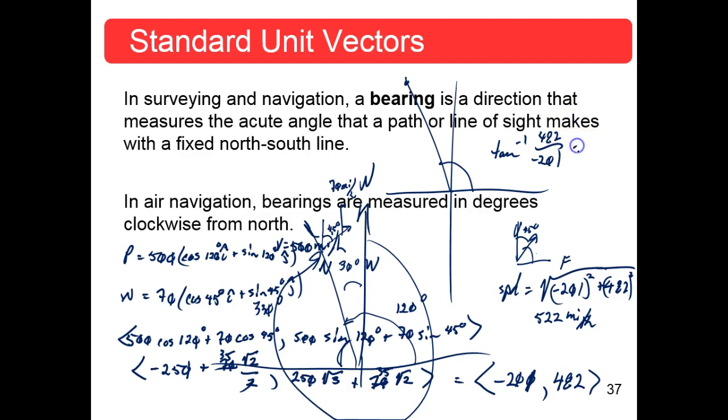Okay? Anyone do that with your calculator? I guarantee you're going to get a wrong answer, but it's usable. Inverse tangent of 482 over negative 201.